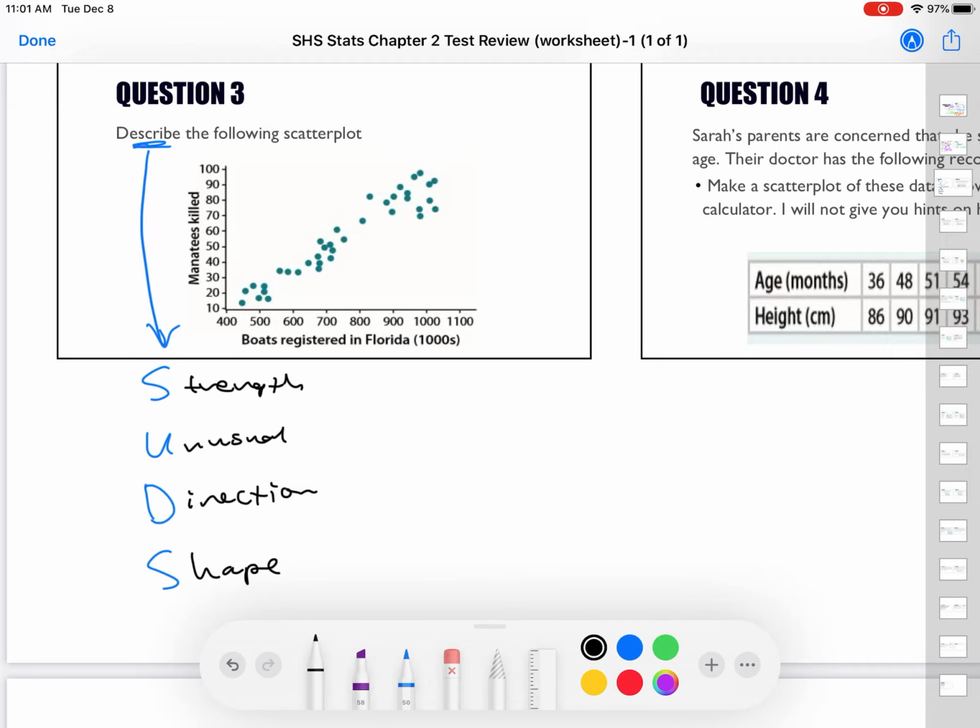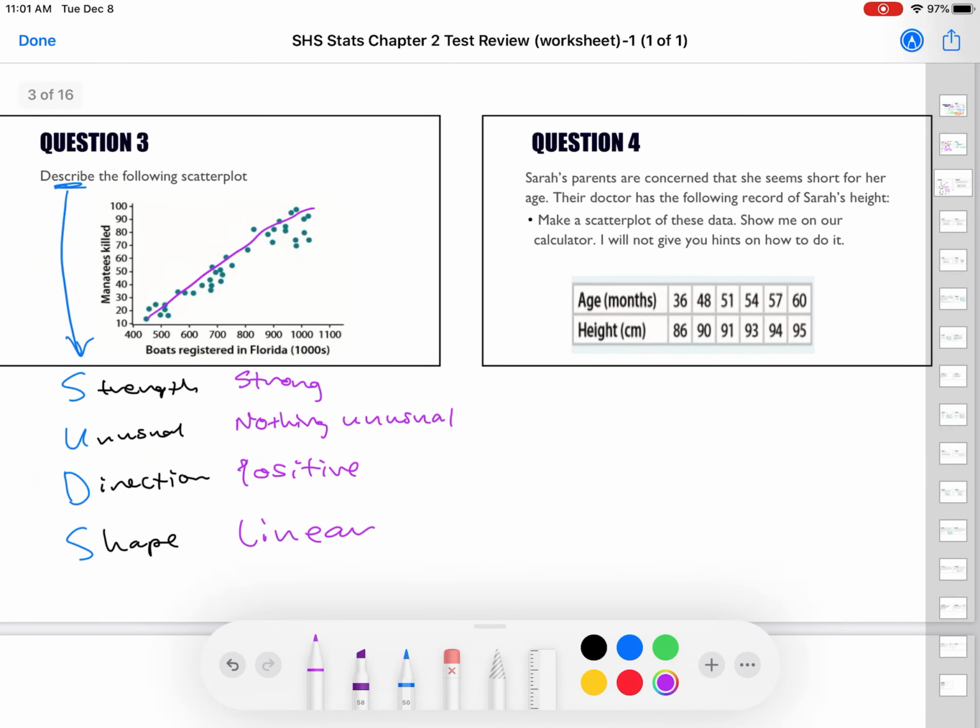Or the S's can be interchanged. So what is our strength? They look pretty close to a line, so I would say strong. Is there anything unusual? Nothing unusual. How about the direction? Positive or negative? Positive. And the shape is what? Linear.